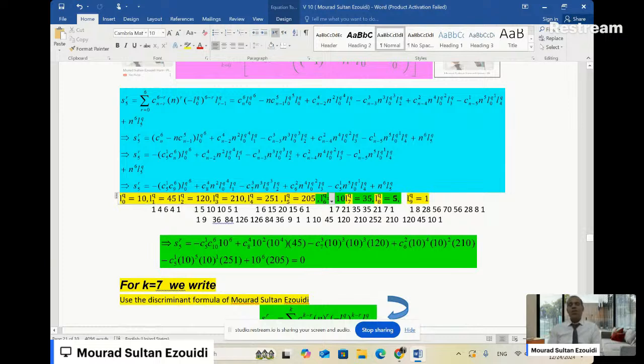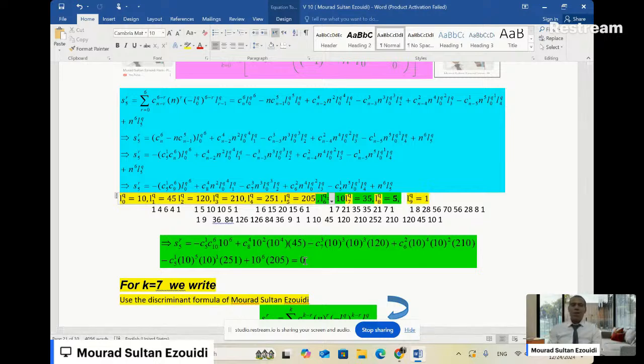We'll substitute in this formula the coefficients of my original 10th degree equation, from L0 up to L5. I will use all these coefficients and then I stop here. This is S5. S5 needs only 5 coefficients. Now, it's clear after calculating that this is equal to 0.